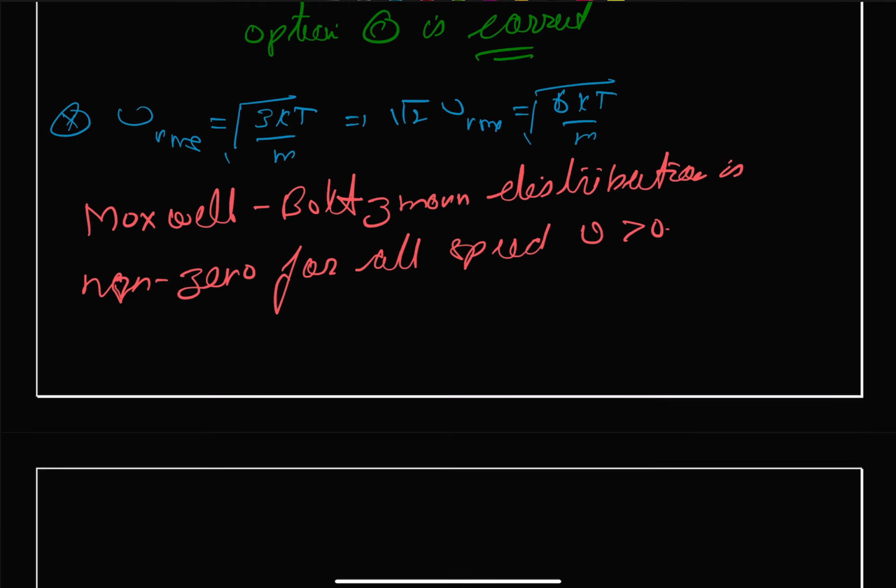Therefore, there is a small probability that molecules are going to have speeds greater than any finite value, and that finite value will also include square root of 2 Vrms.